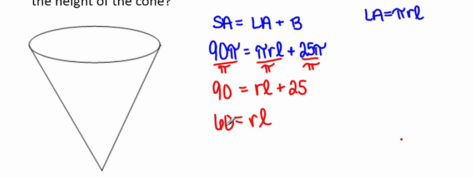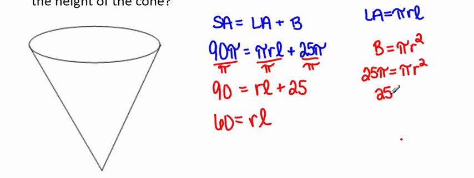I do know though that the area of its base was found by taking pi times r squared, and that the area of the base was found to be 25 pi. If I cross off a pi from both sides, I know that 25 is equal to the square of the radius, and that the radius must be equal to 5.